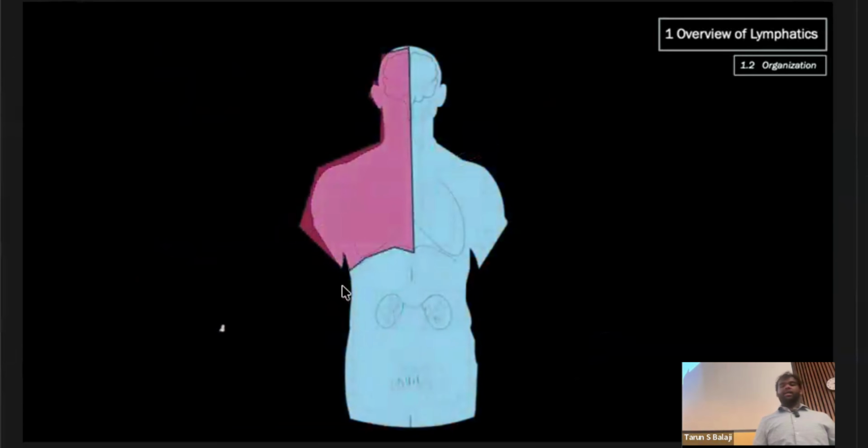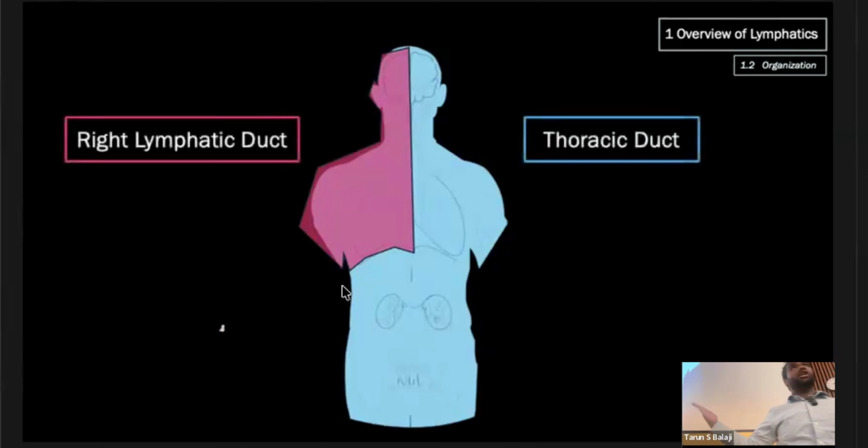You've got essentially the right head, neck, chest, and right upper extremity being drained by your right lymphatic duct. Everything else, so we're talking left head, left neck, left upper extremity, your abdomen, your lower extremities, your pelvis, all of that's going to be drained by your thoracic duct.